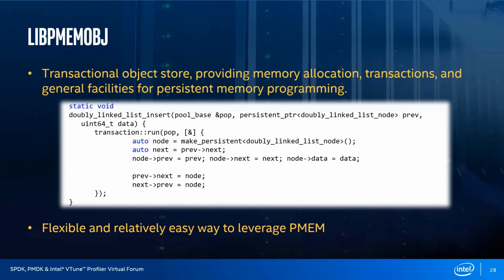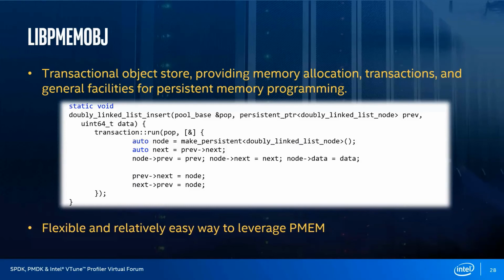libpmemobj is available in C, so that's the primary language it is written in, but we also provide C++ bindings that make everything much more convenient. In the example that you can see on the slide, we insert a new element into our linked list. And when you discard the transaction closure, this looks like a normal volatile application.